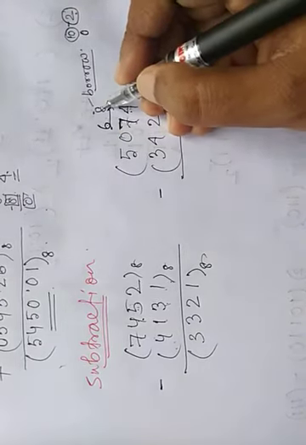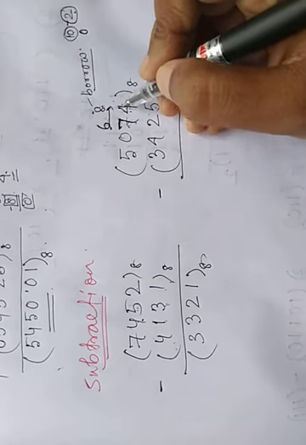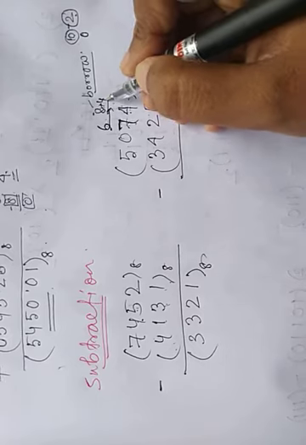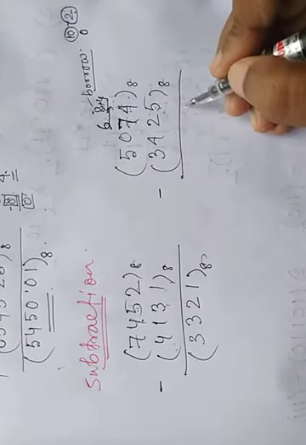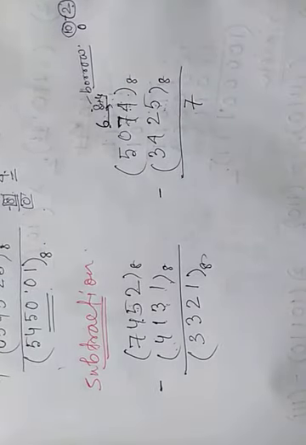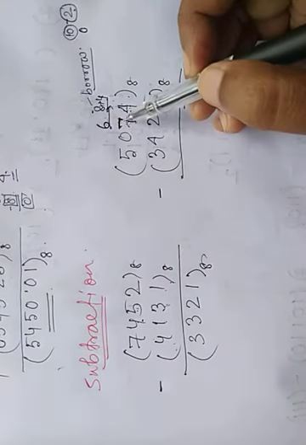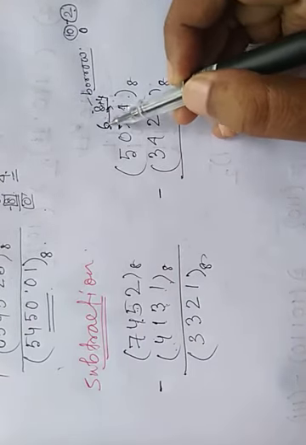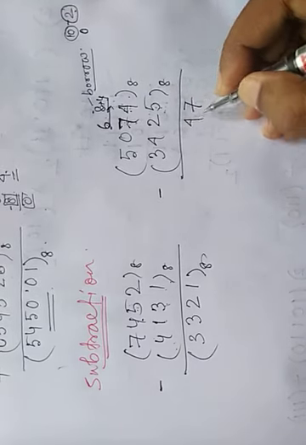So here 8 is borrowed and 4 is already there, so the total becomes 8 plus 4, that means 12. Now 12 minus 5 is 7. Now after giving 1 to the previous digit, it changes into 6, so 6 minus 2 is 4.